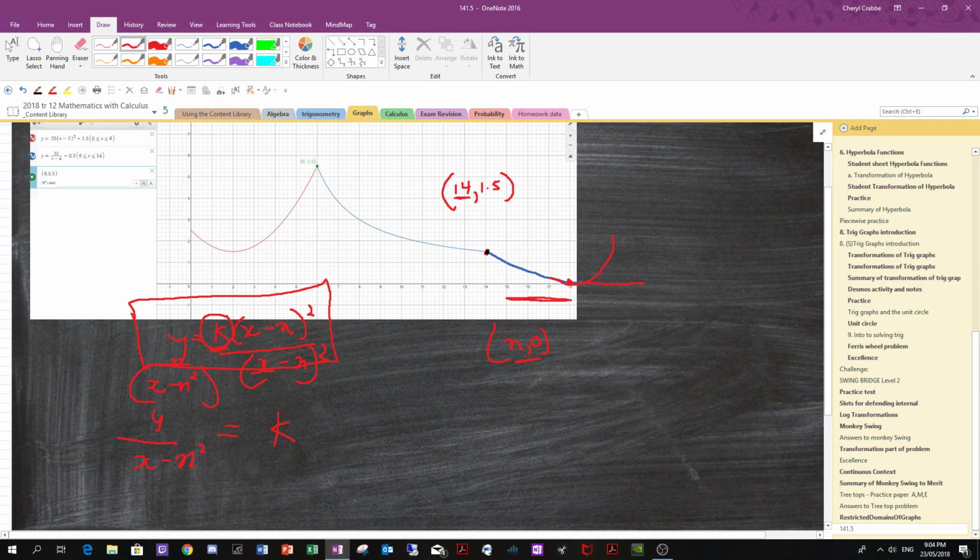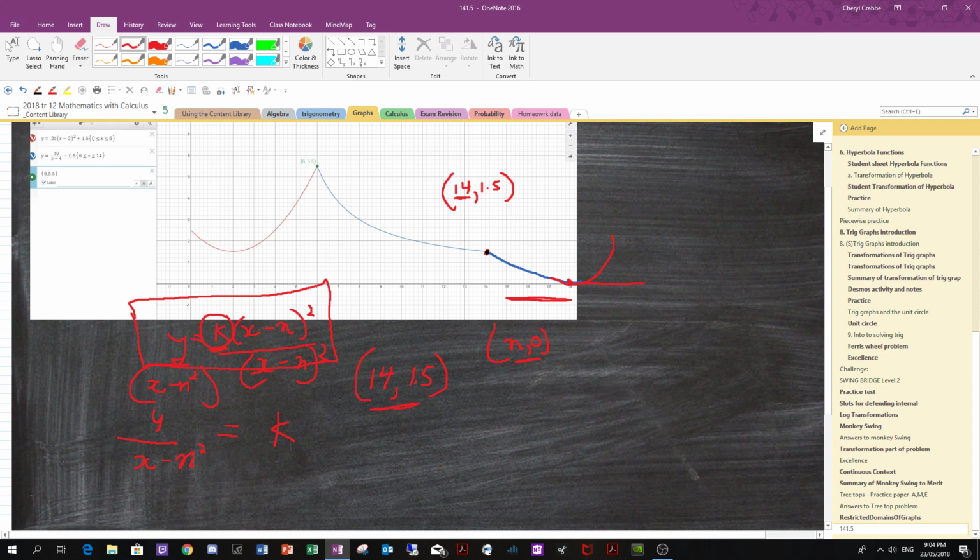Okay, so we can put values in for y and x. I mean, we could have probably done this earlier. But if we go back, we know that there's a point that we're going to use of 14 and 1.5. So all we're going to do is stick that point in here, so we don't have all these unknowns.